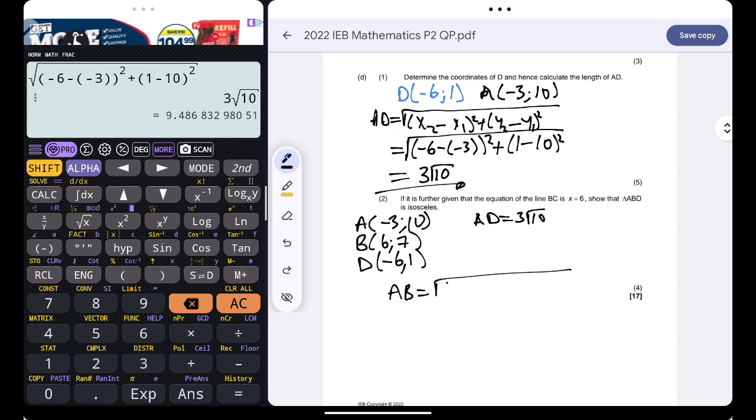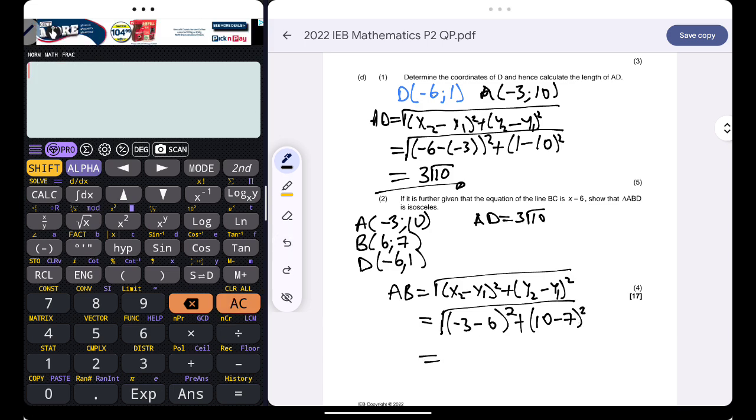AB is the square root of x2 minus x1 squared plus y2 minus y1 squared. So I'll just take the x value at A minus the one at B and then take the y value at A minus the one at B and see what I get.